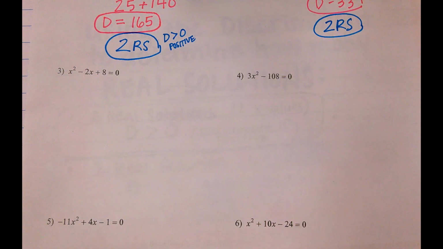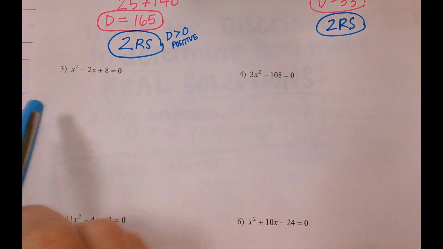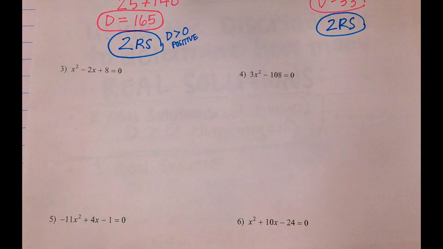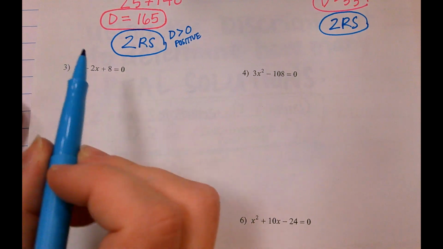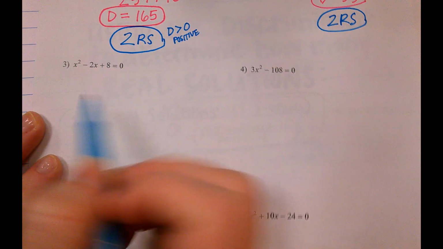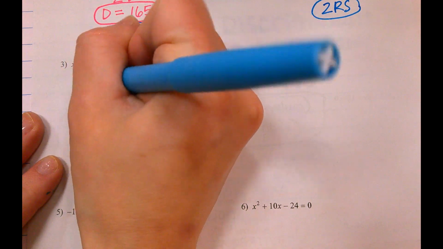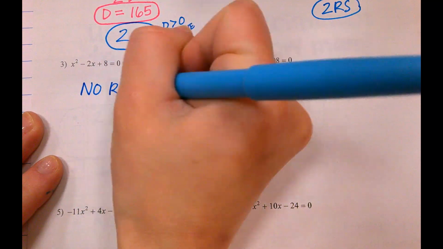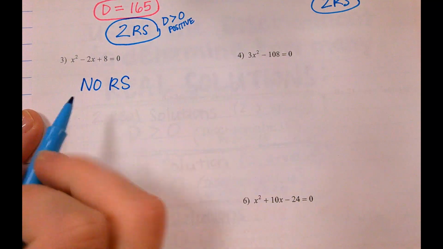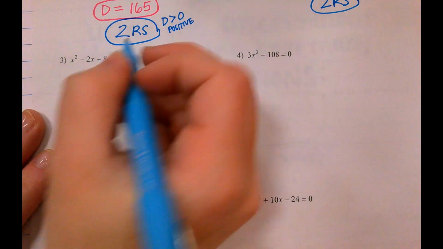For number 3, I'm not going to say the discriminant, I'm just going to tell you how many real solutions, because I don't have the discriminant written out yet, but I can always double check with you if you're unsure. For number 3, you should have gotten no real solutions because your discriminant is a negative number.